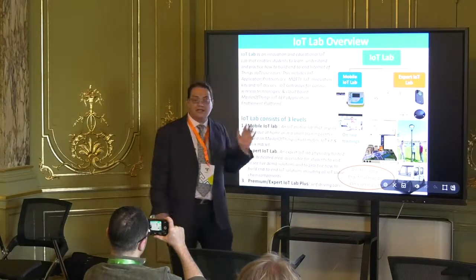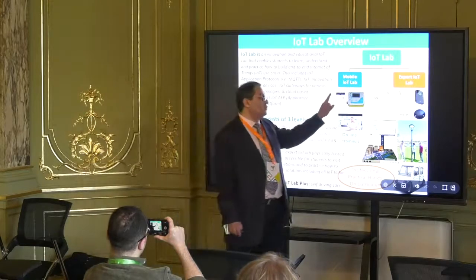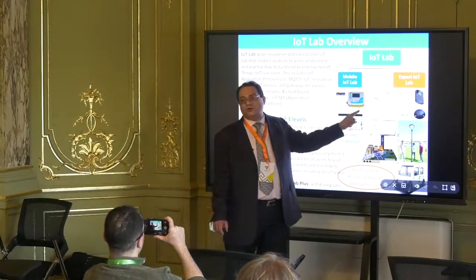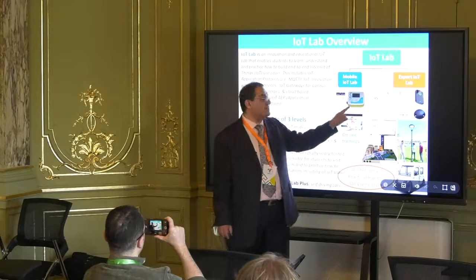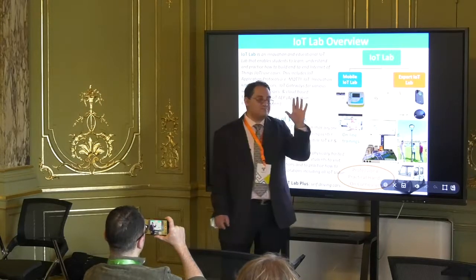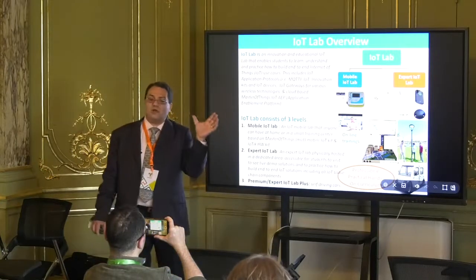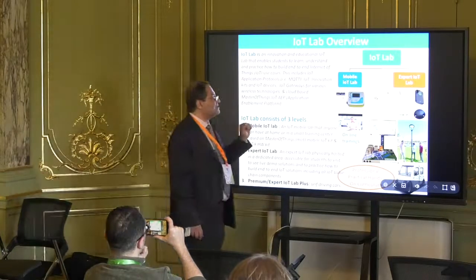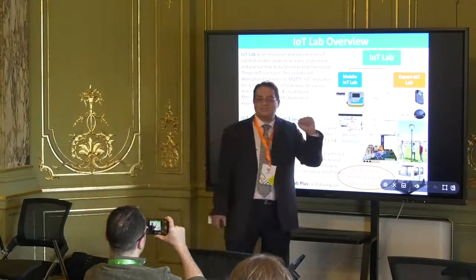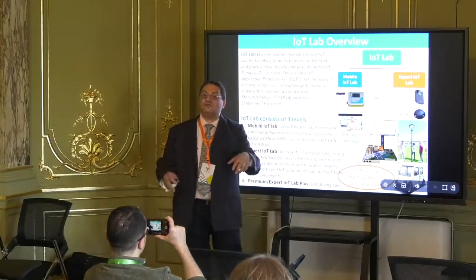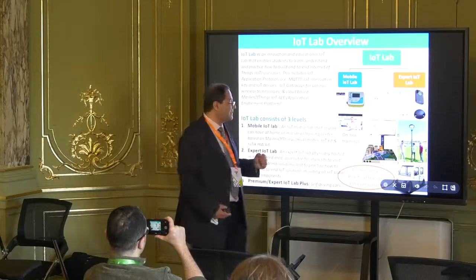The basic level is actually your mobile phone and what we call IoT Innovation Kit. That's a handy hardware that has 17 sensors and actuators built inside this device. So you can use it to innovate new use cases.